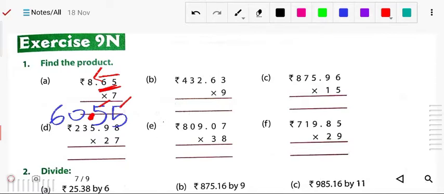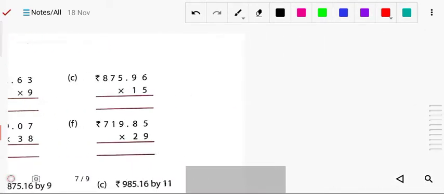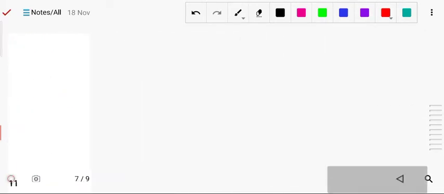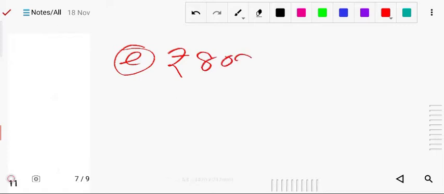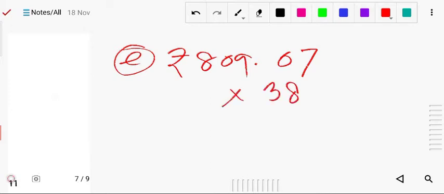Okay, let's solve number E. Number E is rupees 809.07 multiplied by 38. That we have to do.